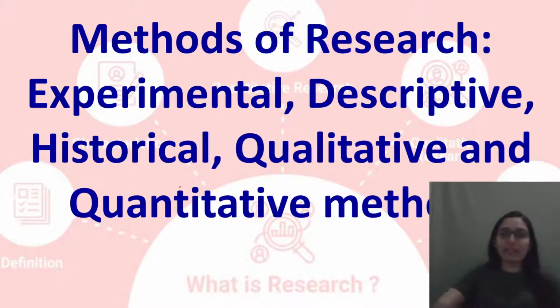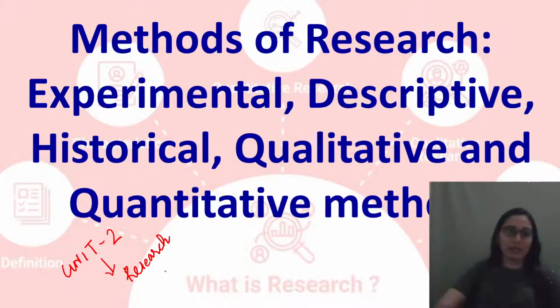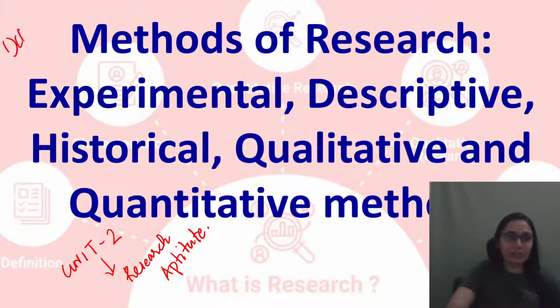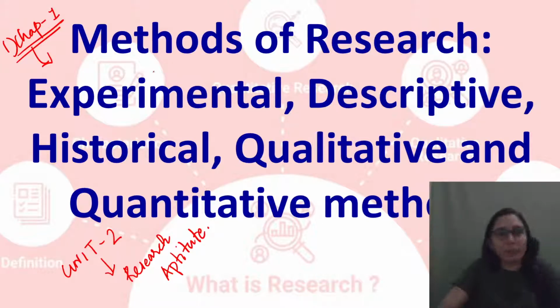So we started taking up unit 2. Unit 2 is research aptitude or research methodology. In unit 2, we have already completed the first chapter. Yesterday we had a revision also, so chapter 1 is already completed. Now we are coming to chapter 2 or module 2.